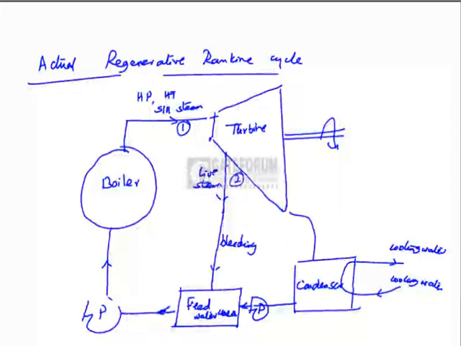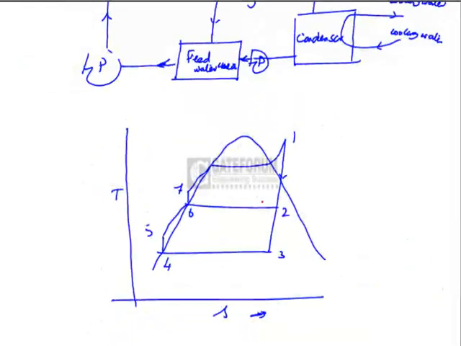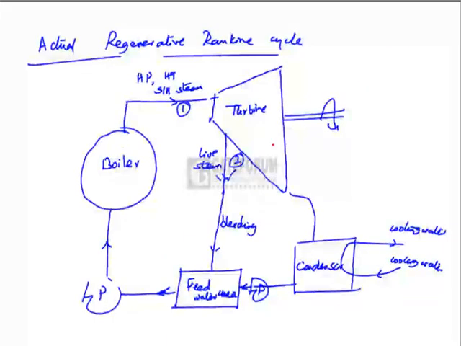State 2 is the state of the bled steam. This is called bleeding steam, or live steam, which is trapped from the turbine while it is expanding, at state 2. Live steam means having a considerable enthalpy.